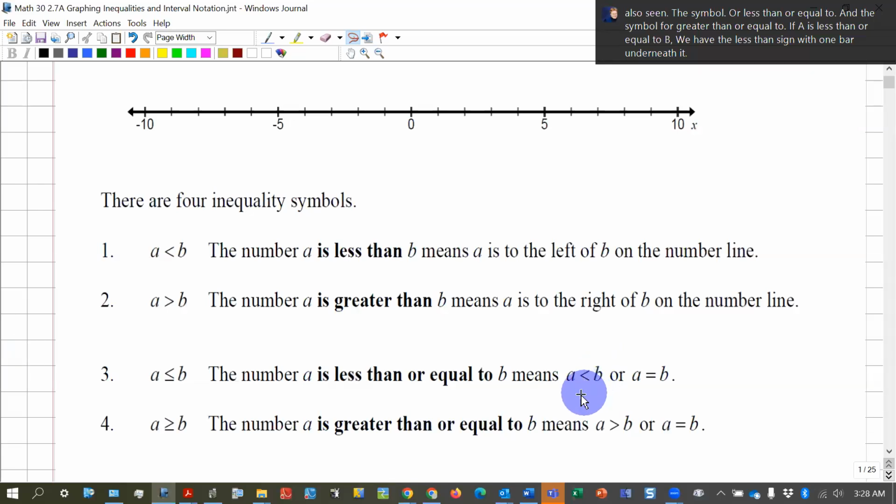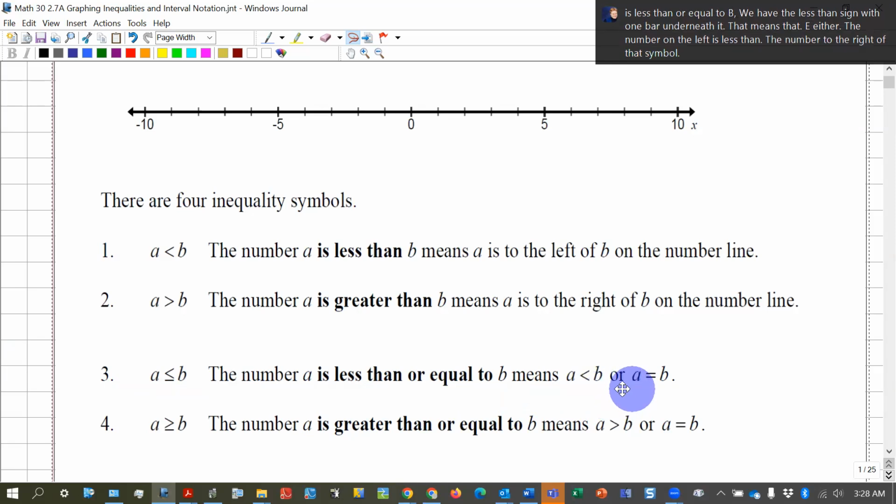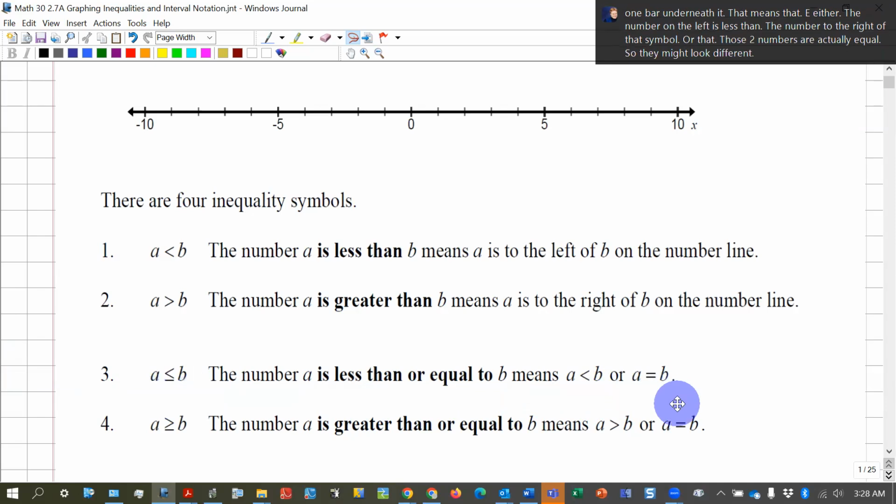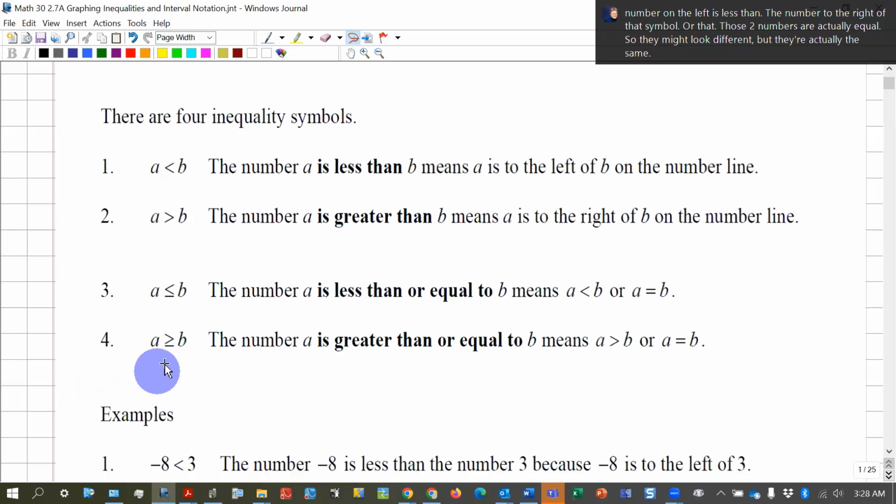That means that either the number on the left is less than the number to the right of that symbol, or that those 2 numbers are actually equal. So they might look different, but they're actually the same. And if A is greater than or equal to B, in order for that to be true, that means that either A is greater than B, or possibly A and B are equal to each other.